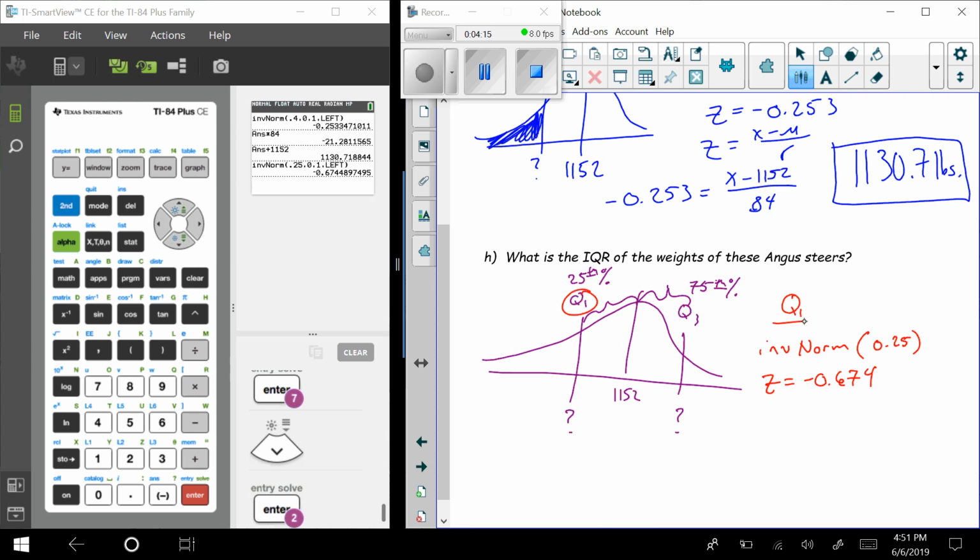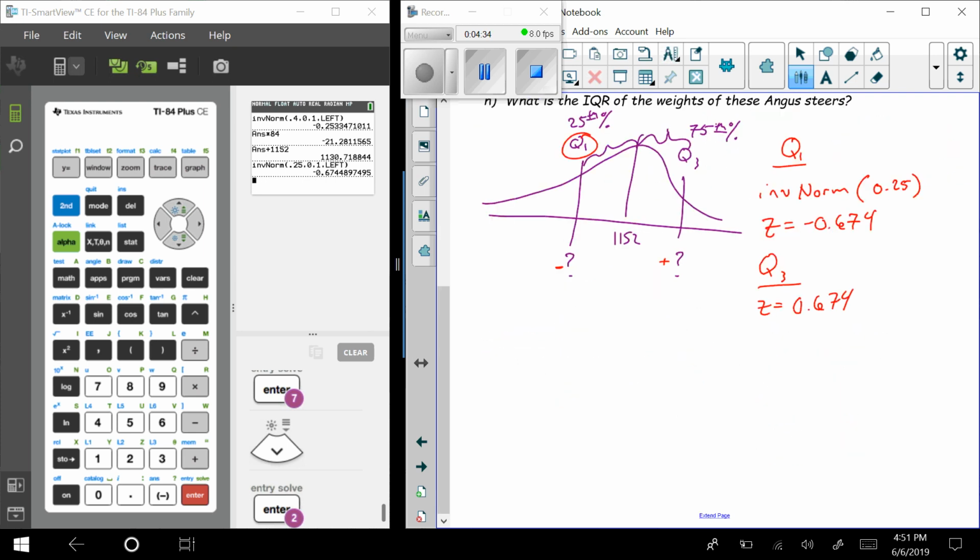Okay. Now, I'm actually very clever, and I know that this is symmetrical. So if this is negative over here, this one's going to be positive. So the z-score for the Q3 is 0.674.